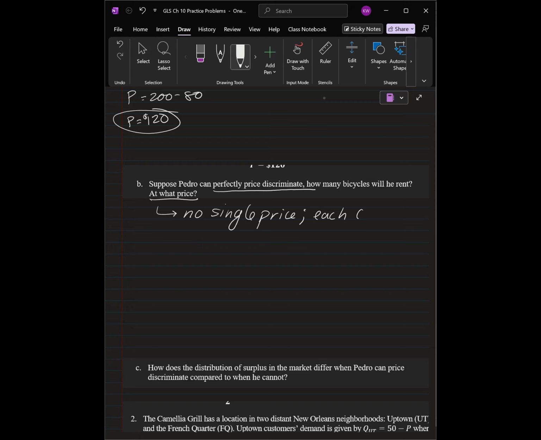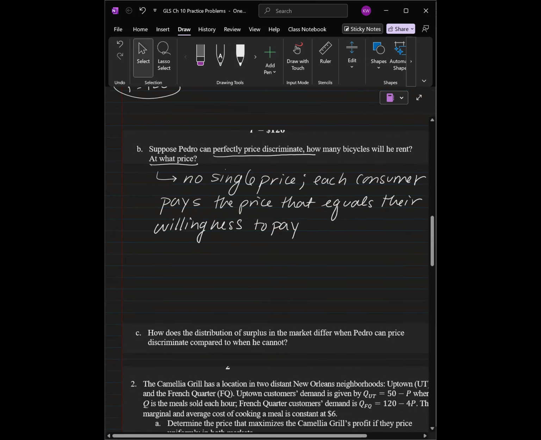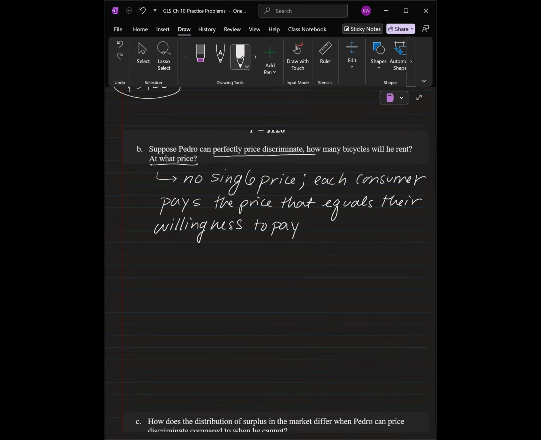So we can say each consumer pays the price that equals their willingness to pay. Okay, so we know there's no single price, but we do want to know how many bikes he will rent out.